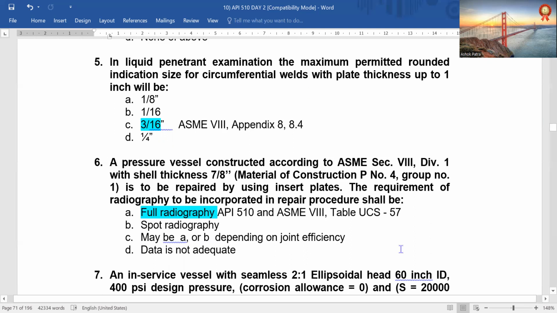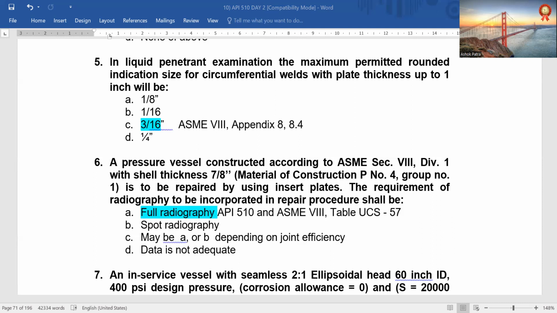So there is a table UCS-57. There is P4, group 1, group 2.